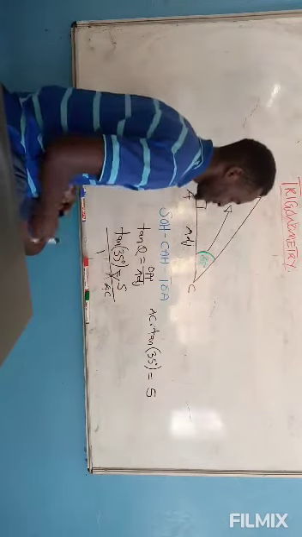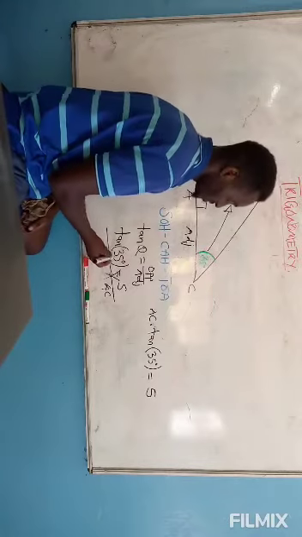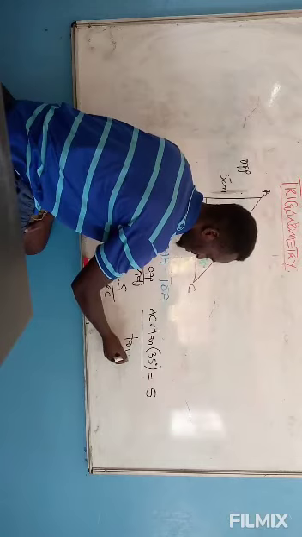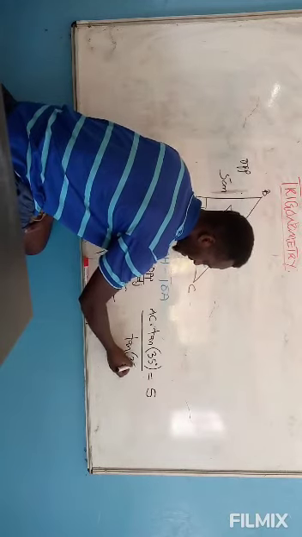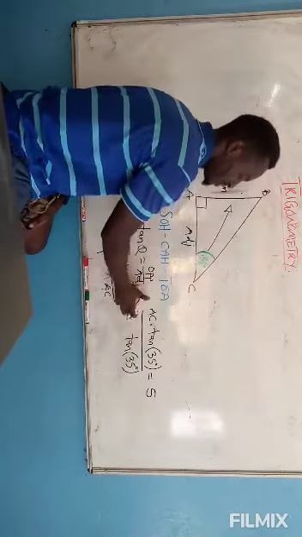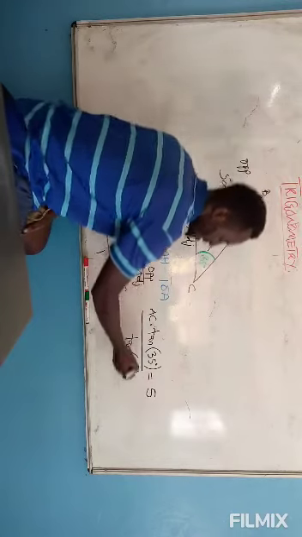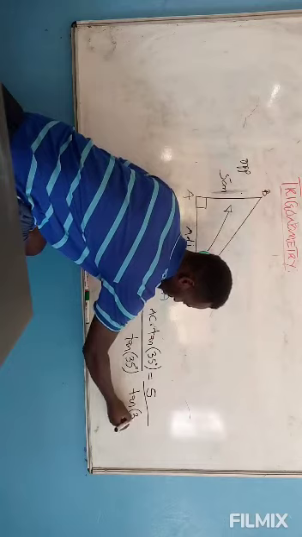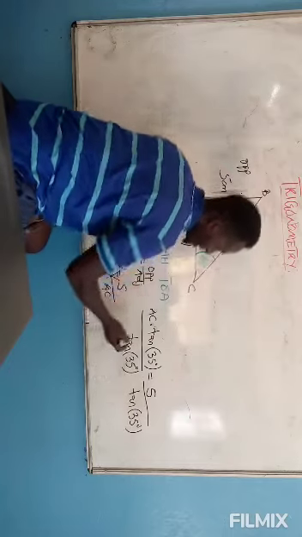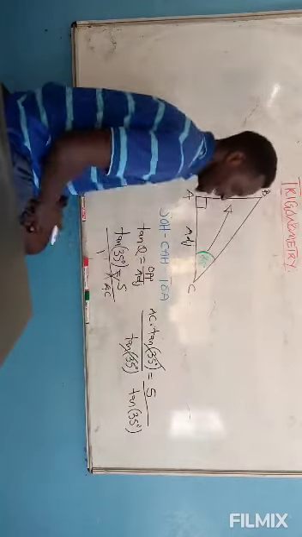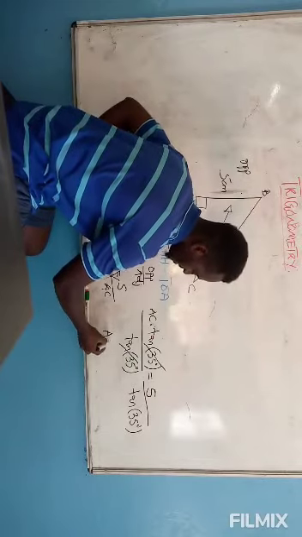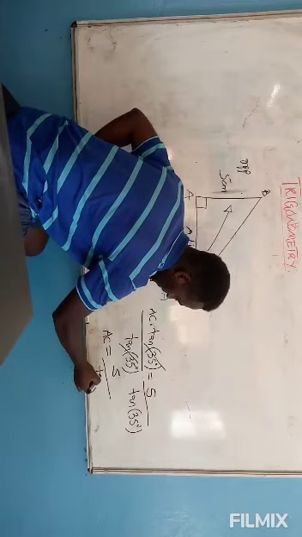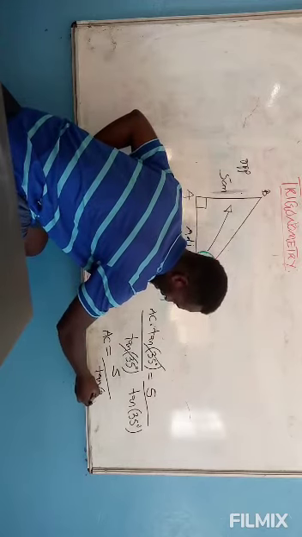So for me to get my actual answer, I will divide this by tan 35 degrees. Whatever I do on this side of the equation, I should do on the other side. Hence, that will eliminate, and I will remain with AC, giving me exactly 5 over tan 35 degrees.